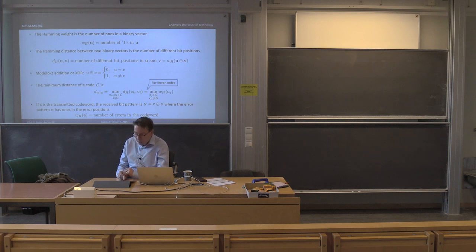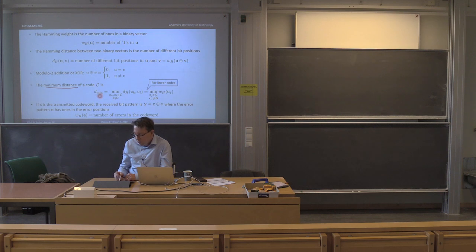Okay, and this is binary addition, addition modulo 2 or XOR, it follows these rules. And why is this important? Well, the minimum distance of a code is an important property of it, and we would like this to be big. Okay, and the reason for this will become clear shortly.